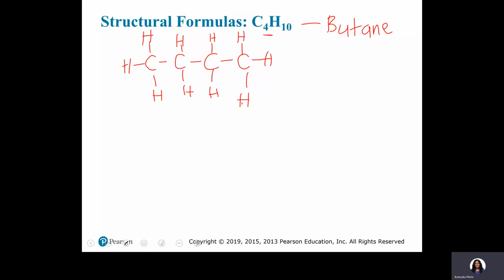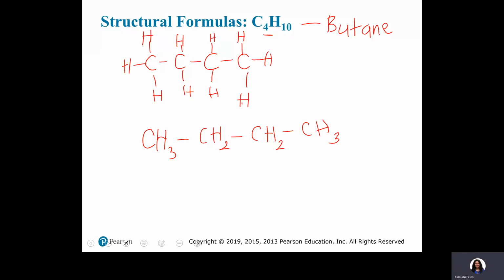Now I'm going to draw the condensed structure. I'll write this as a whole unit. This is CH3, CH2, CH2, CH3. That is the condensed structure for butane or C4H10.